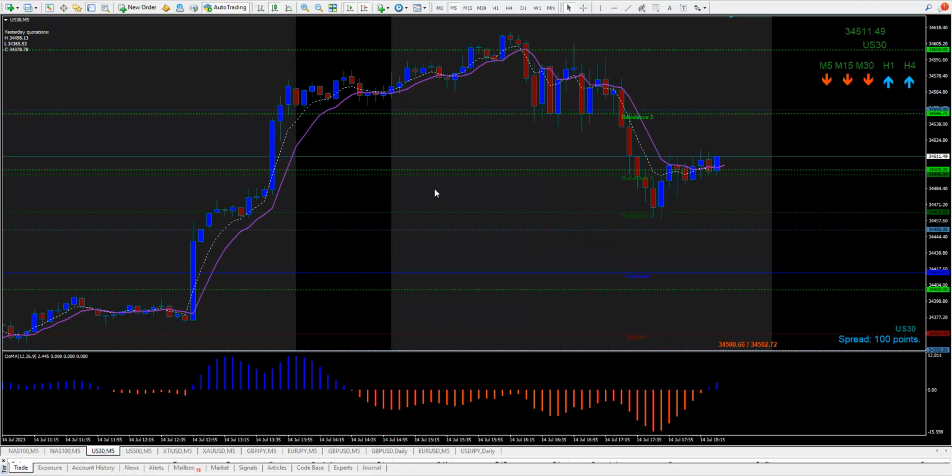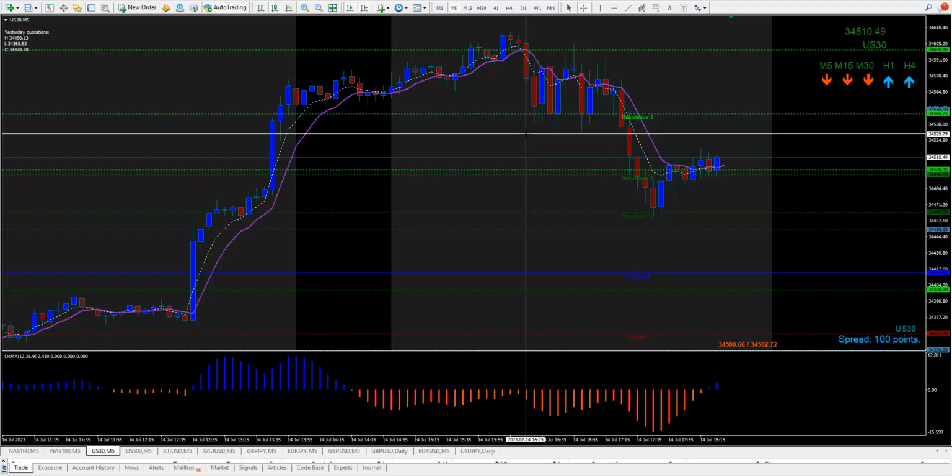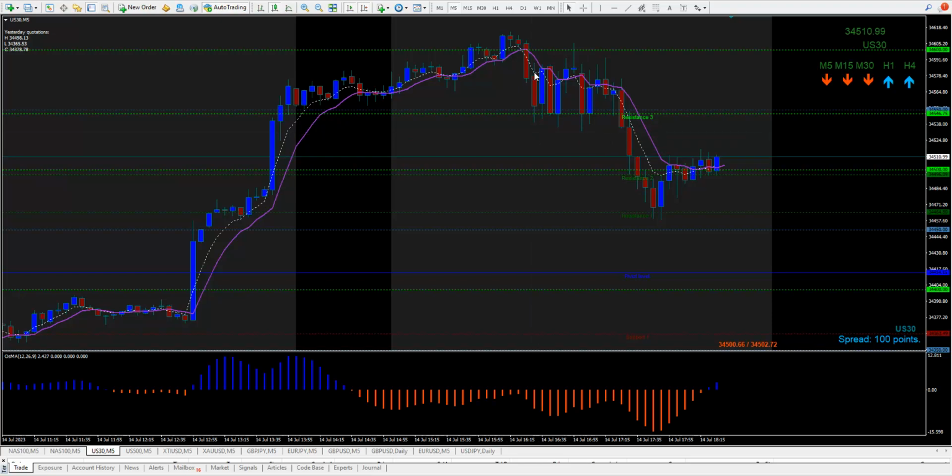Okay, it was chopping. That's what it did. This was the opening right here, but the divergence was from way over here in the middle of the UK session and the US session. Okay, right there.